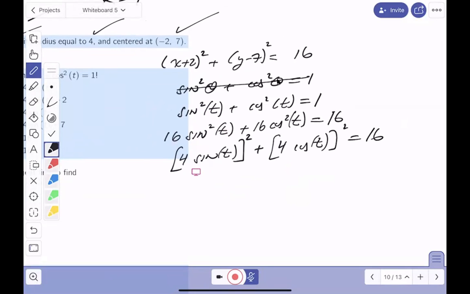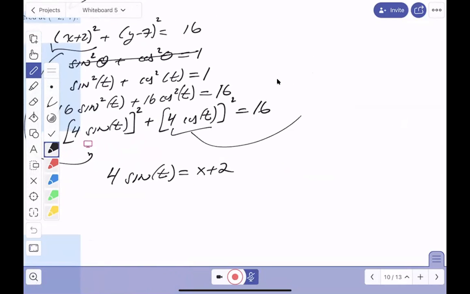Well, now I think I see it. What do I say? I see this. I'll write this down. 4 sine t is equal to x plus 2. I see that. And what do I see over here? I see this is this up here. And what is that going to be? 4 cosine t is equal to y minus 7.